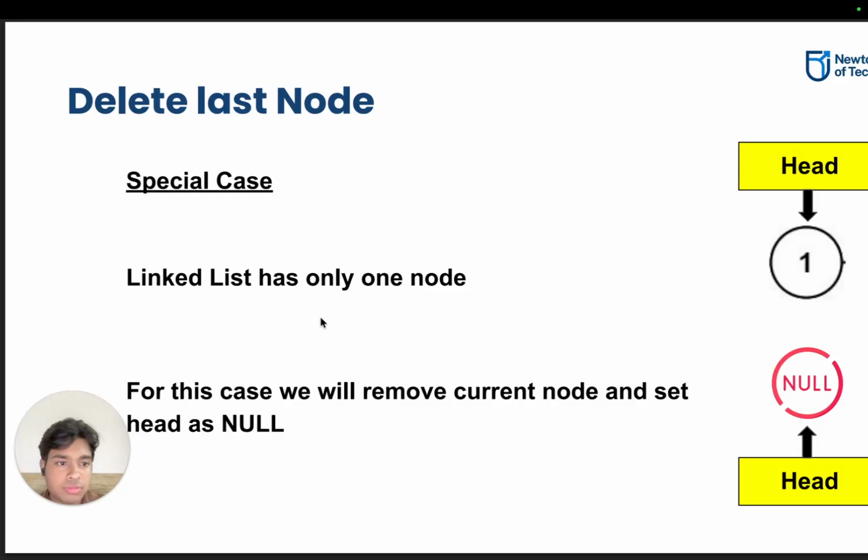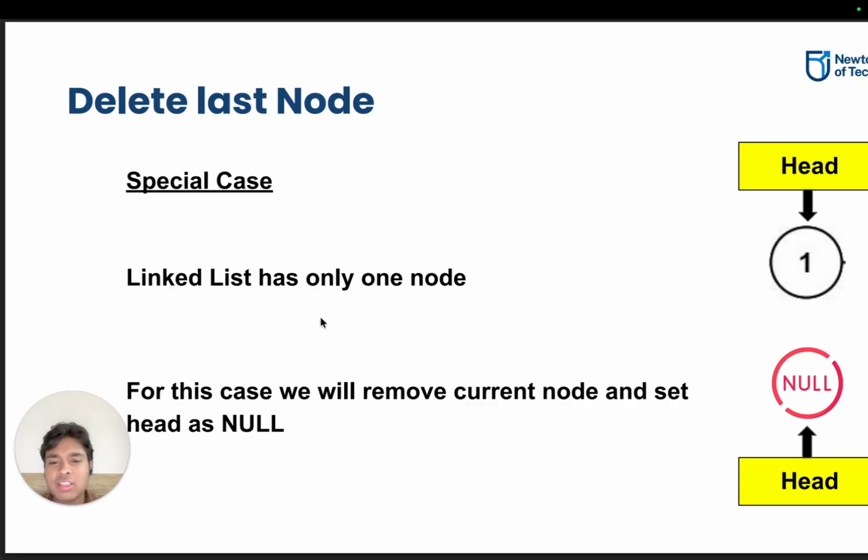Delete last node also has a special case: the linked list has only one node. You can see a linked list having only one node, number 1. So this is called the special case.